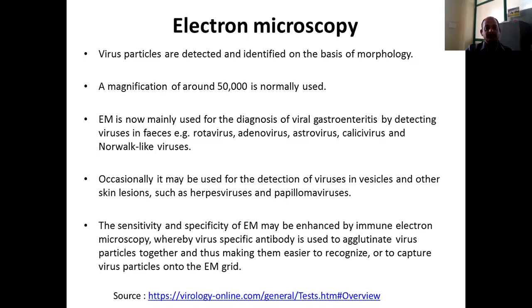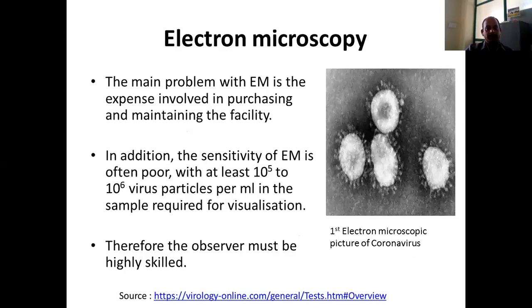The sensitivity and specificity of electron microscopy may be enhanced by immune electron microscopy, where virus-specific antibody is used to agglutinate virus particles together, making them easier to recognize, and to capture virus particles on the electron microscopic grid.